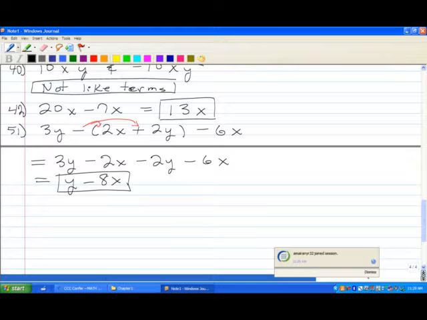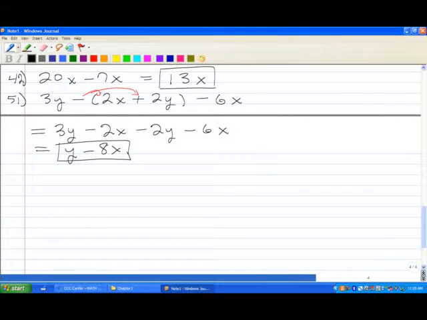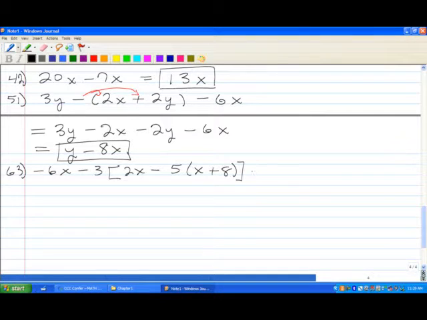Let me do problem 63. Negative 6x minus 3 times the quantity 2x minus 5 times the quantity x plus 8, minus 6.